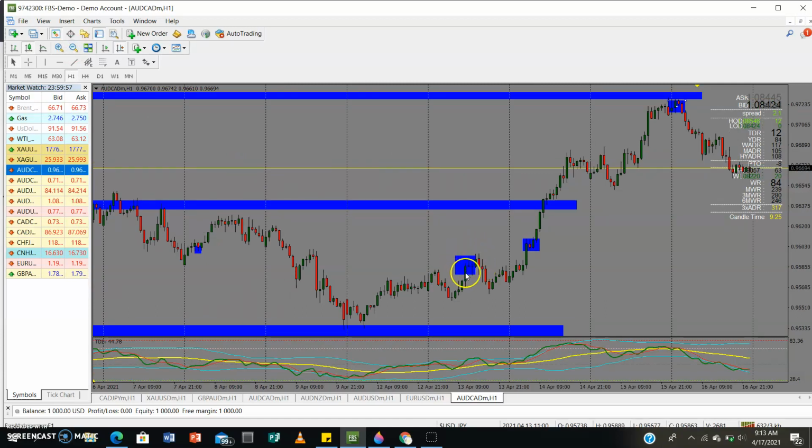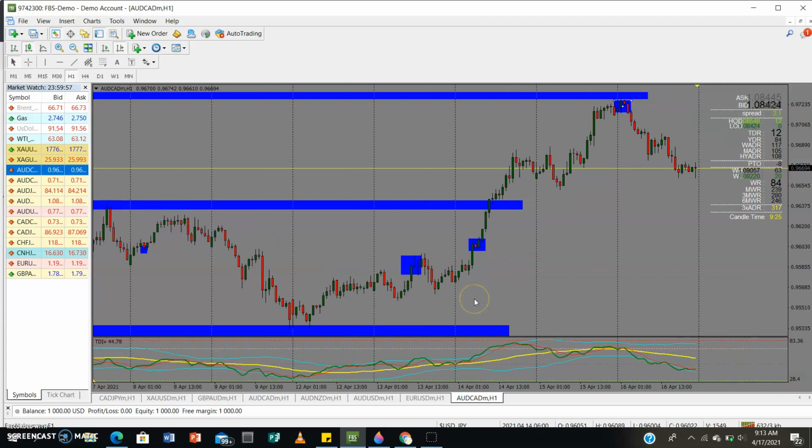So I have one highlighted here. And can you see that the moment this candlestick formed, we had a series of bearish candlesticks following, right? Why? Because the bullish momentum was over. So the moment you see this kind of candlestick being formed, just know that the bullish momentum is over.